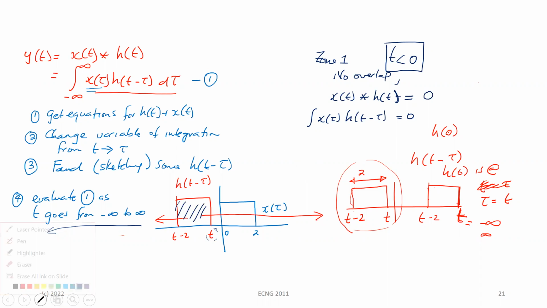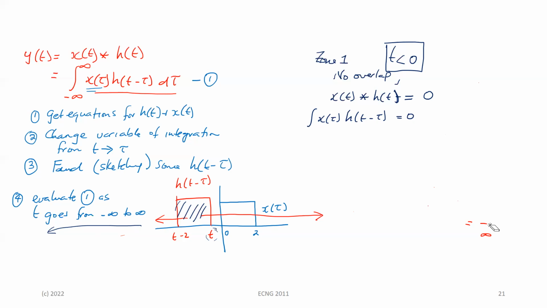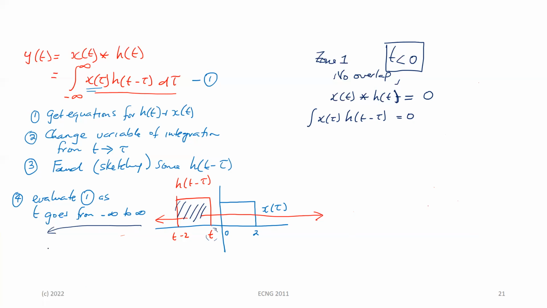Right, so we keep sliding t. Just double checking the overlap for when t is less than 0: because x of tau and h of t minus tau don't overlap, it's equal to 0.